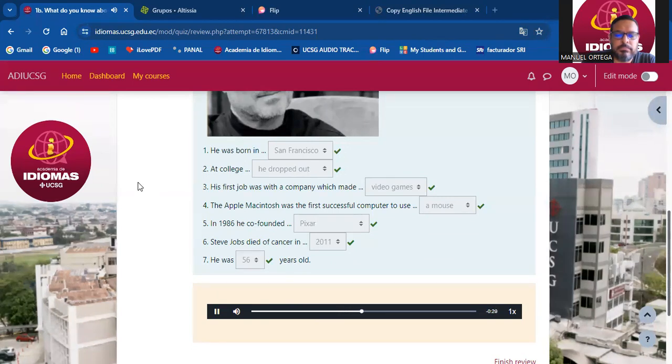The Apple Macintosh was the first successful computer to use a mouse. 5. He co-founded Pixar in 1986, the company that produced Toy Story. 6. He died of cancer of the pancreas in 2011. 7. He was only 56 years old when he died.